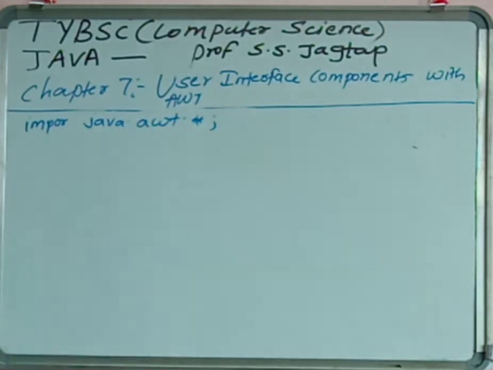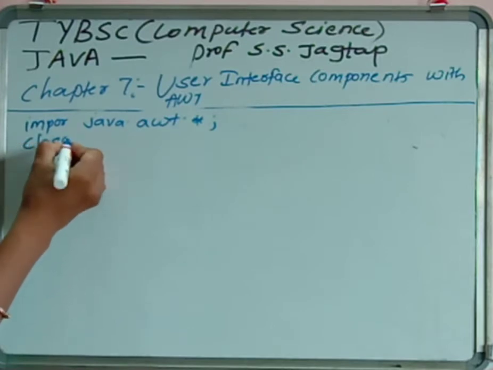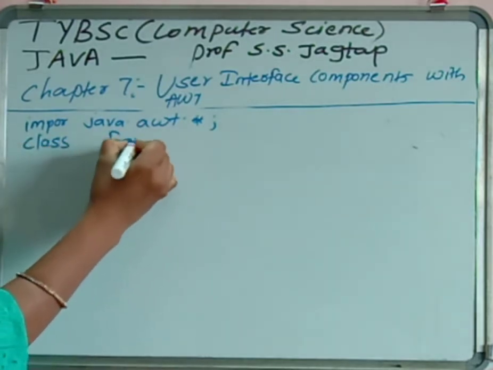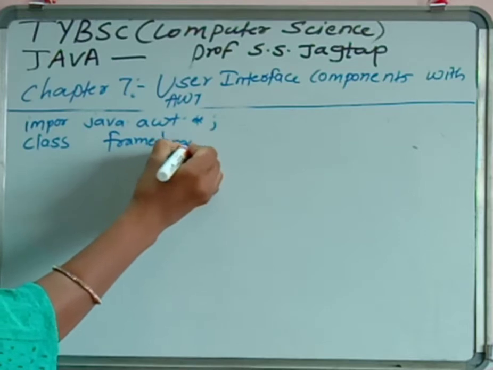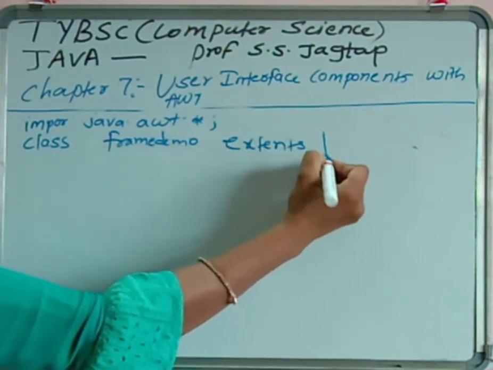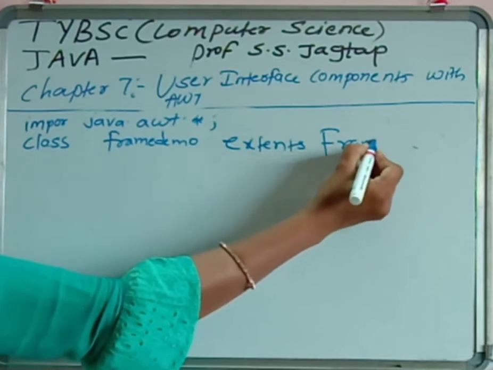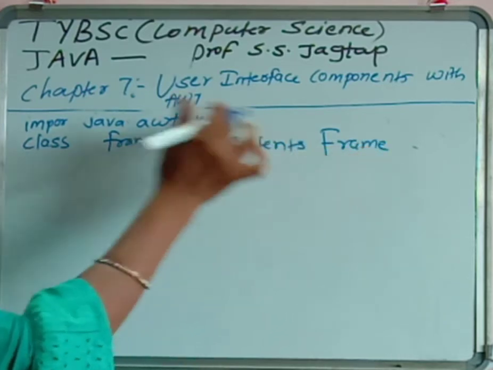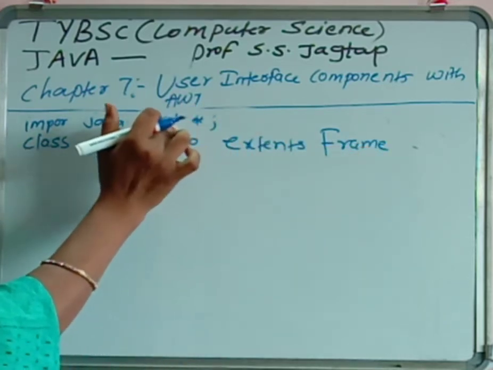This is the package. Next is the class name, class FrameDemo extends Frame. This is the built-in class Frame which is included in the AWT package.